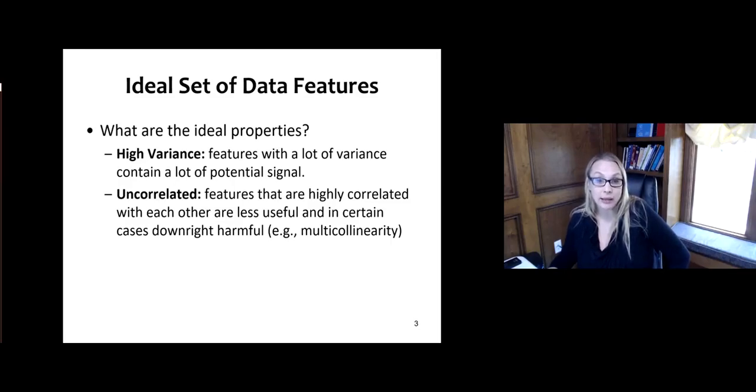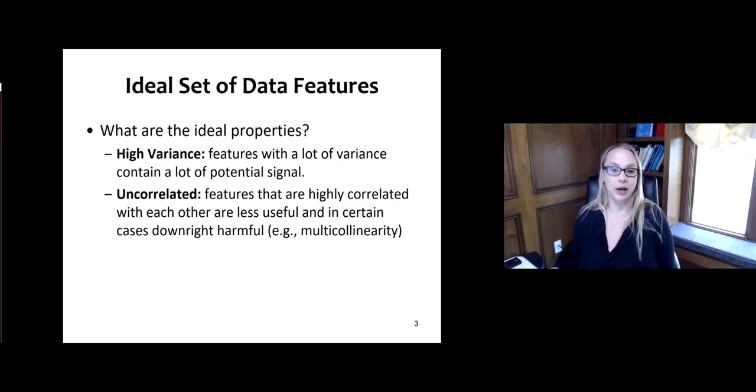Features that are highly correlated with each other are less useful in certain cases and could be downright harmful in others. For example, learning algorithms such as multiple linear regression, as well as discriminant analysis, can be very harmful to the solution itself and bias the results. So having features that are uncorrelated is something that we want.